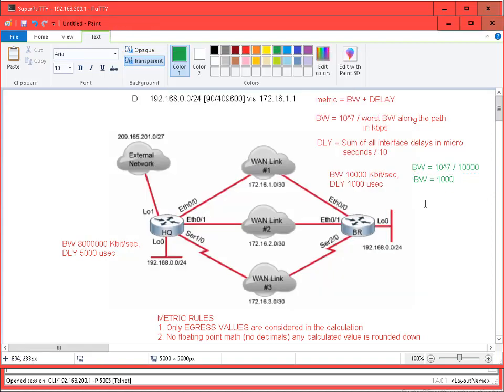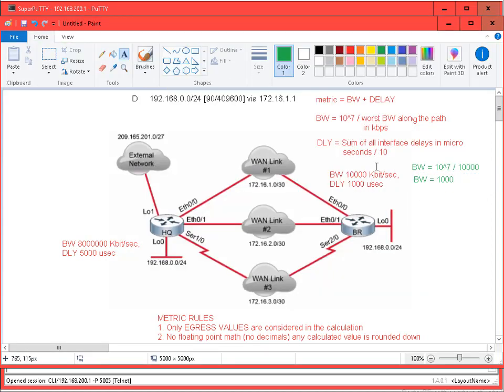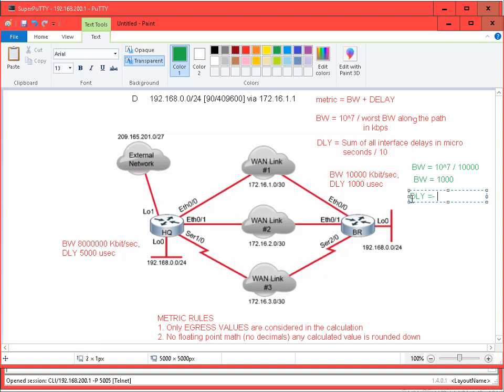Now the next step is to do our delay calculation. The sum of the delays is 6,000. So DLY equals 6,000 divided by 10, which means our overall delay is 600. Make sense?